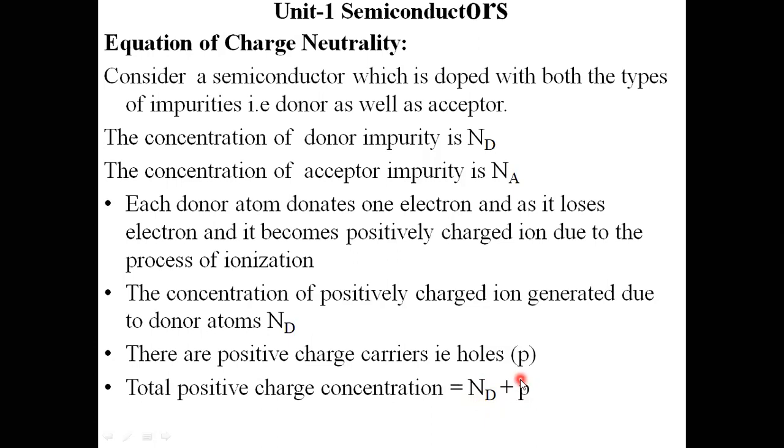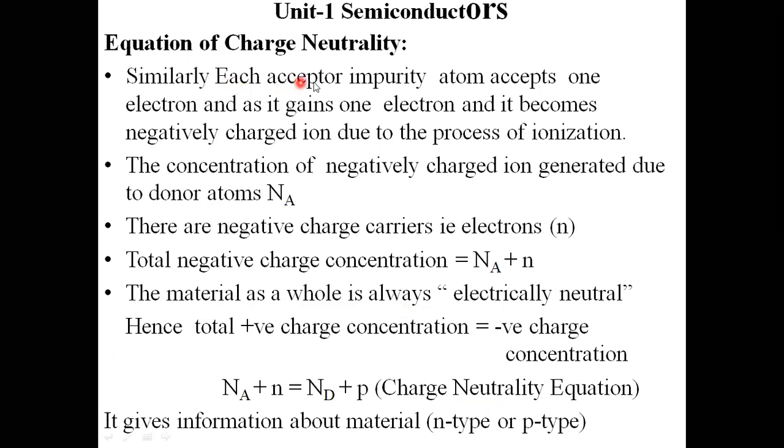Similarly, for negative charge concentration, each acceptor impurity atom accepts one electron, and as it gains one electron, it becomes a negatively charged ion due to the process of ionization.